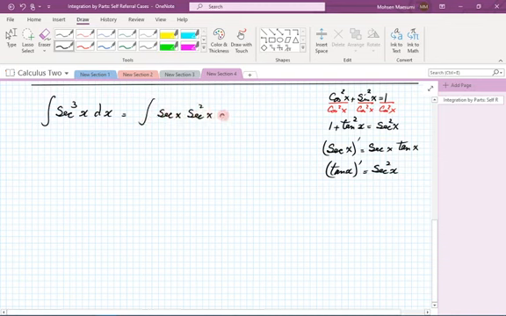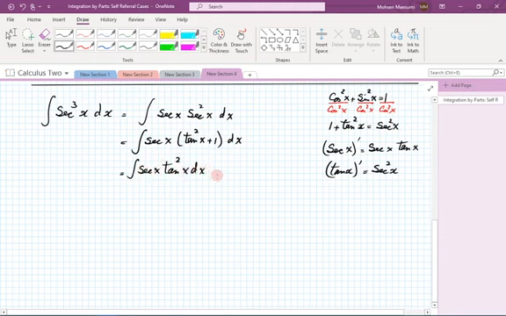These are the parts so far, but as it is, that's not going to help us. We have to replace secant squared by 1 plus tan squared, and then of course I can multiply and add the two integrals. So I write the first one and the second one.